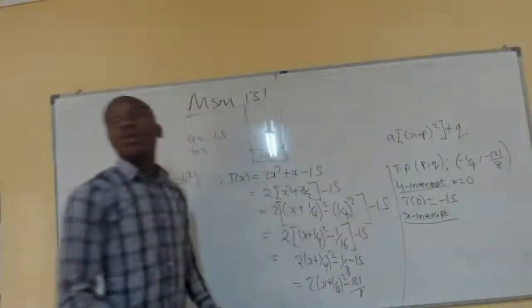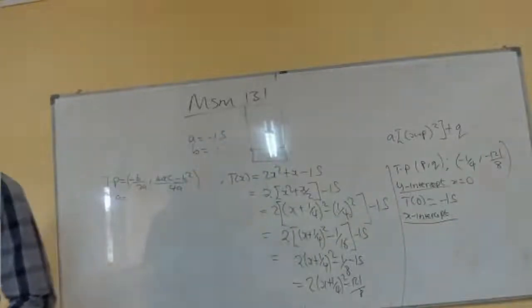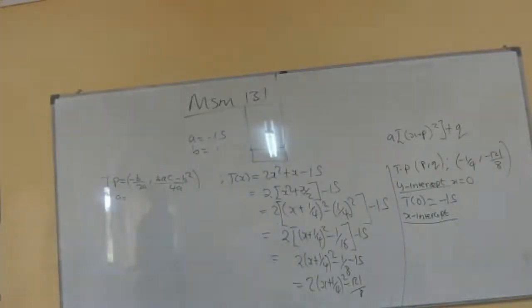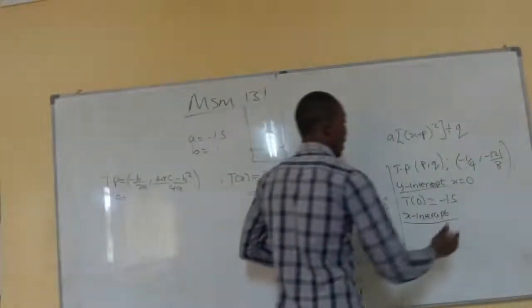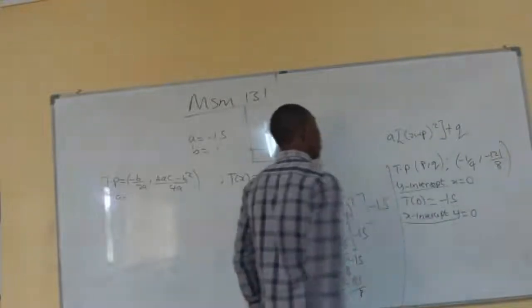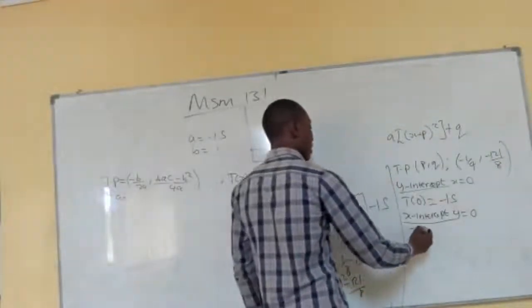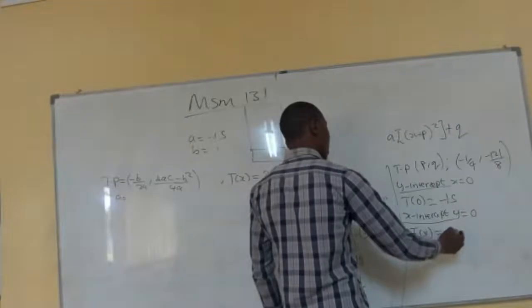For us to find the x-intercepts, we know that y is equal to 0. So it's the same as saying t(x) is being equated to 0.